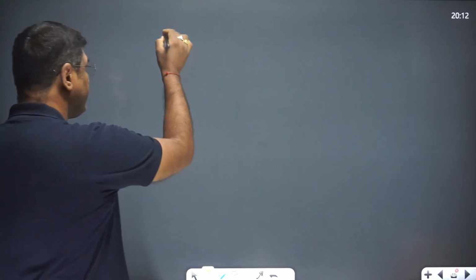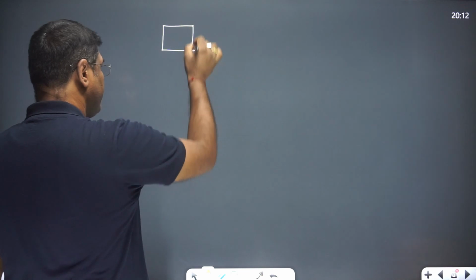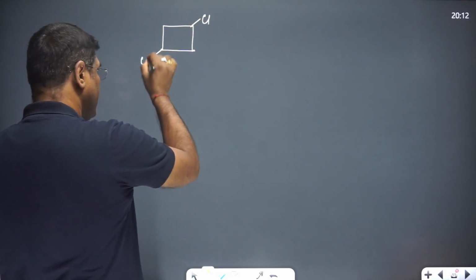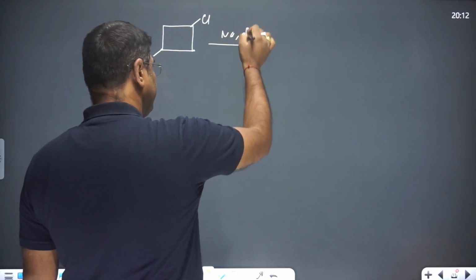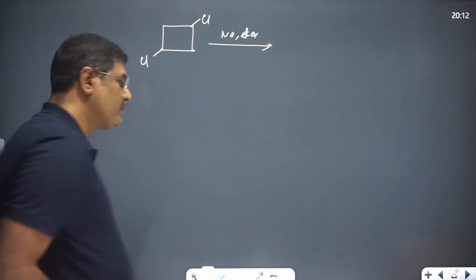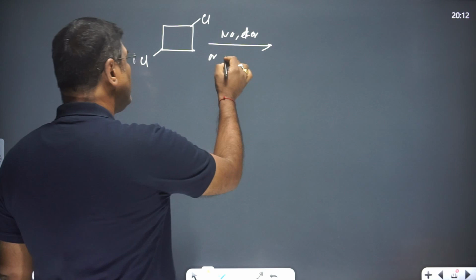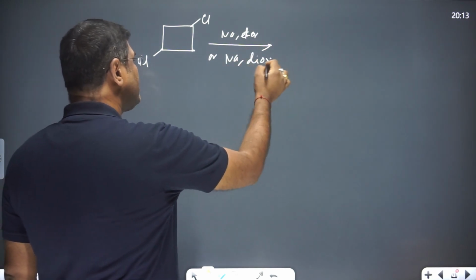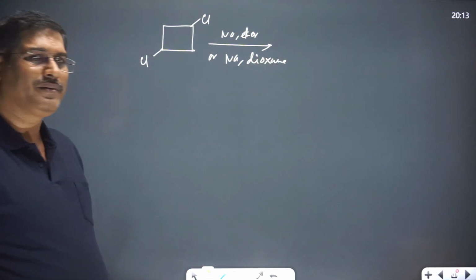Here you see, this one has Cl. If that is treated with Na in ether, earlier there was one question in the IIT where instead of ether, Na was given in the presence of dioxane, which is also a high-boiling ether kind of solvent.